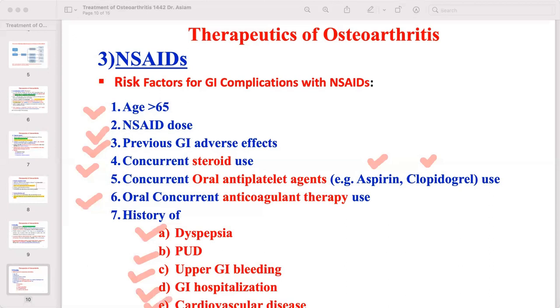These are the risk factors for gastrointestinal complications with non-steroidal anti-inflammatory drugs. So care should be taken accordingly.